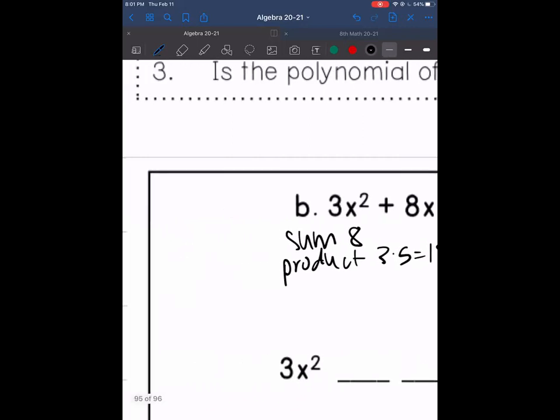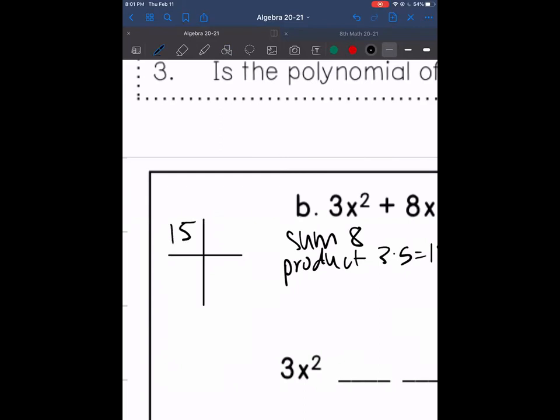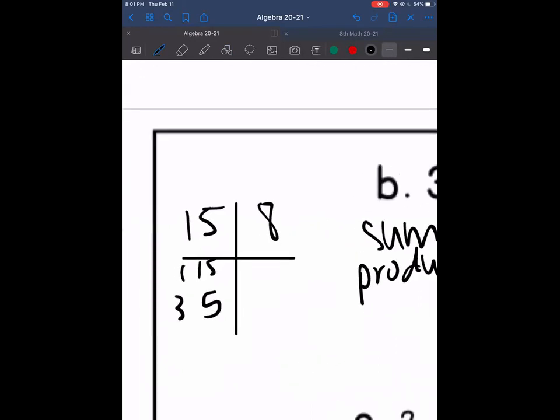So in our little chart, I want a product of 15 that adds together to be 8. We have 1 and 15, and 3 and 5. You can see it's going to be the numbers that we started off with, but that is not always the case.